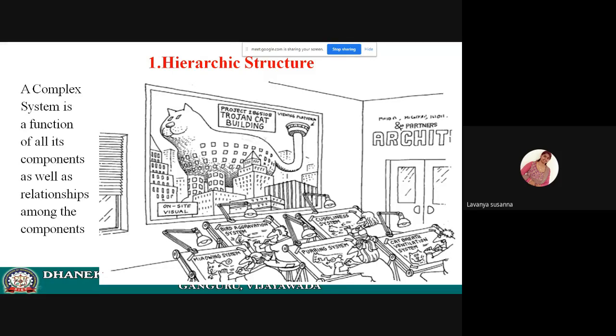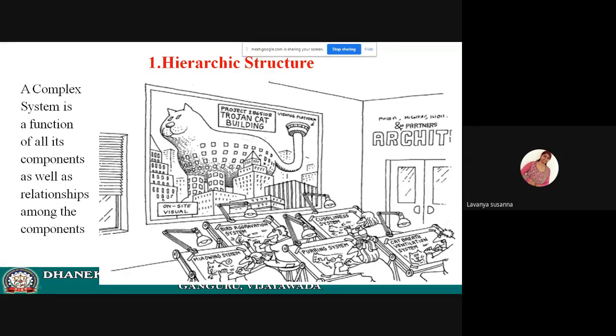This is the cartoon which I took from your prescribed textbook. I hope you understood. You know that a complex system consists of many components. Each component must interact with each other. See this cartoon, this is a Tarzan cat building.